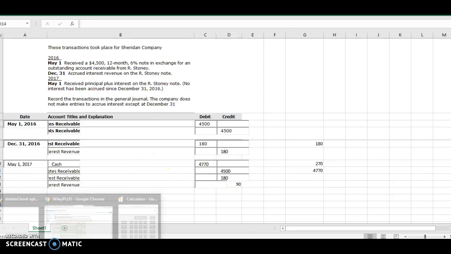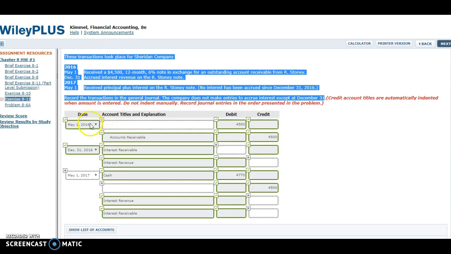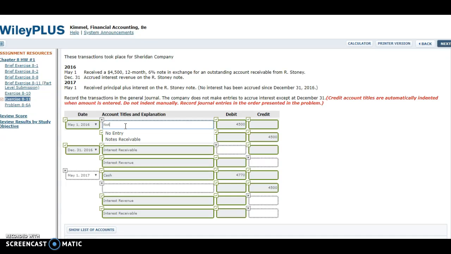We'll go check it over here. So we've got, see, corrected the date there. And then we're going to stick it in. See, you don't make a mistake if you let it fill it in for you, which is what I did not do. We then have the interest receivable of 180, interest revenue of 180, the cash of 4770, the notes receivable.